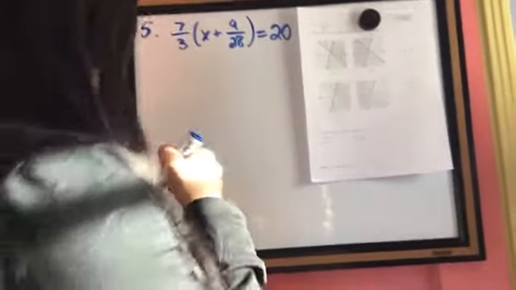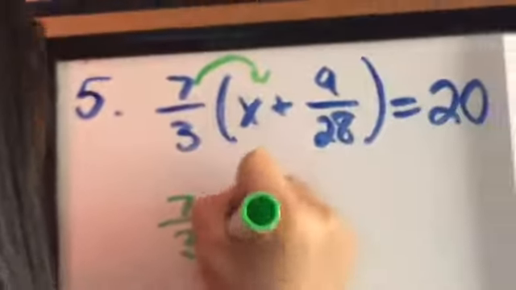So we're going to start off by distributing these 7/3 to the rest. 7/3 times x is 7/3 of x.